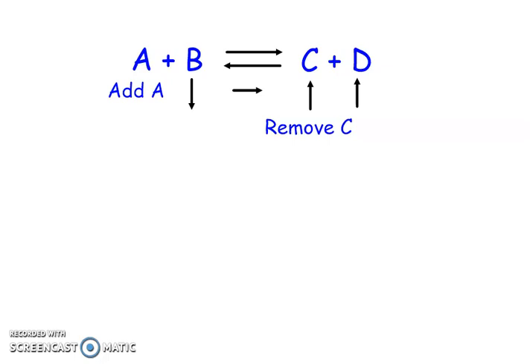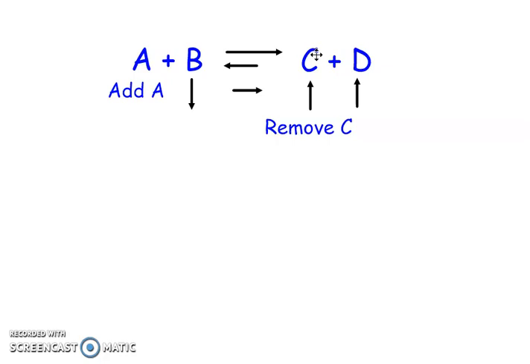Well, in this case, we are removing some of the product, which means the collisions are not going to happen as often. So that reverse reaction is going to slow down. My forward reaction doesn't change. So again, I'm not at equilibrium anymore. My forward reaction is proceeding faster than my reverse reaction.